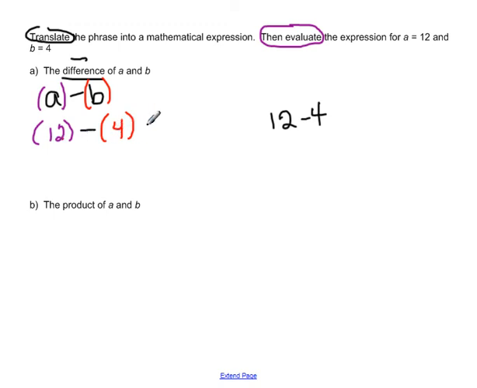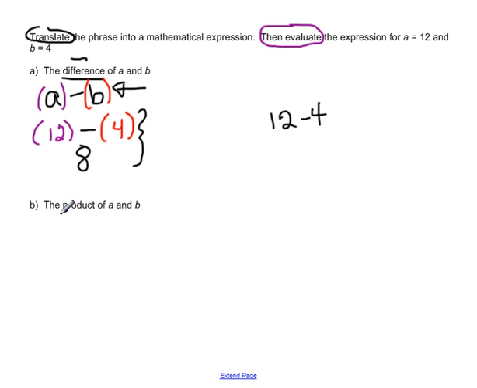They're not always necessary, like in this case. Now if we simplify 12 minus 4, that just means do the math, and 12 minus 4 gives us 8. So here we translated, and here we evaluated.